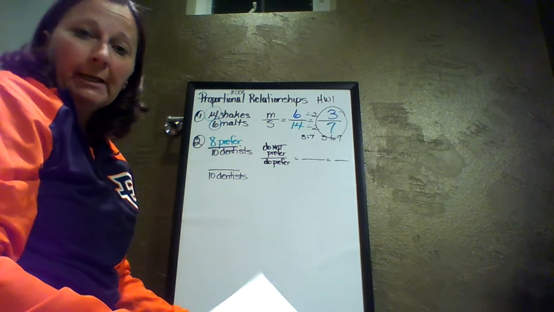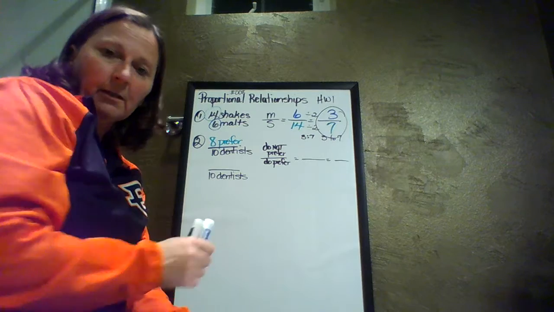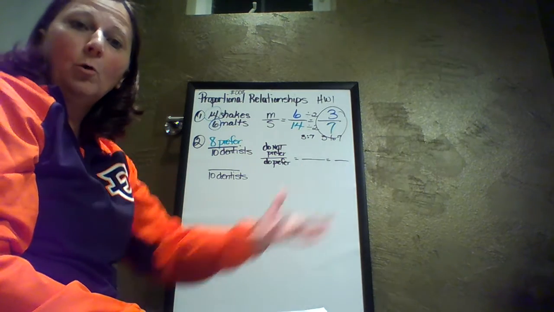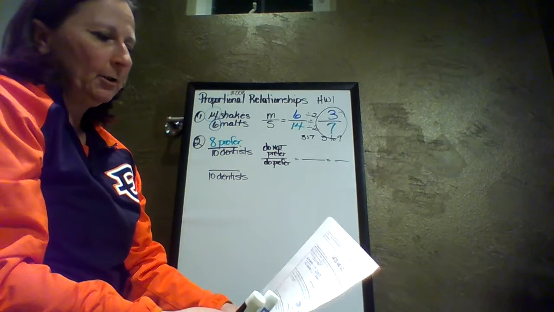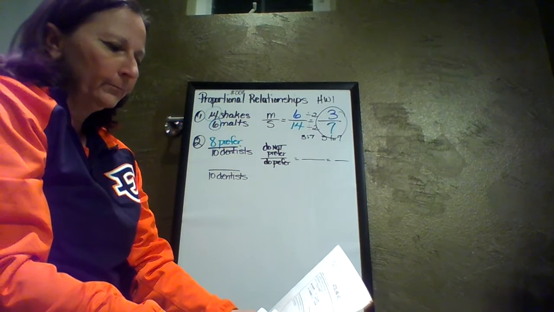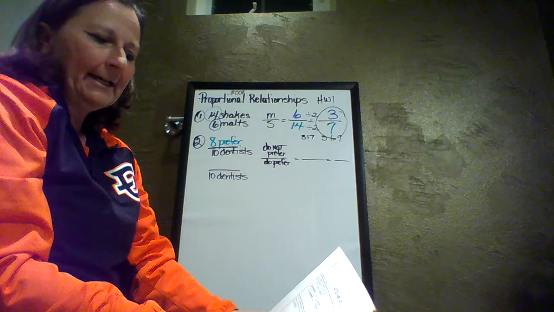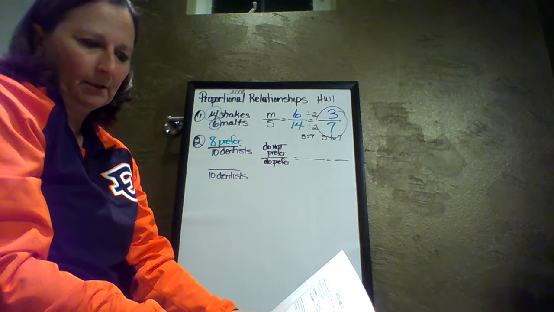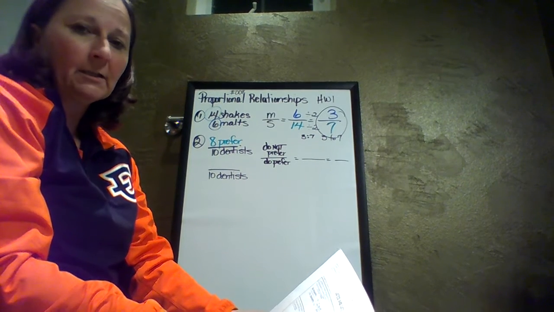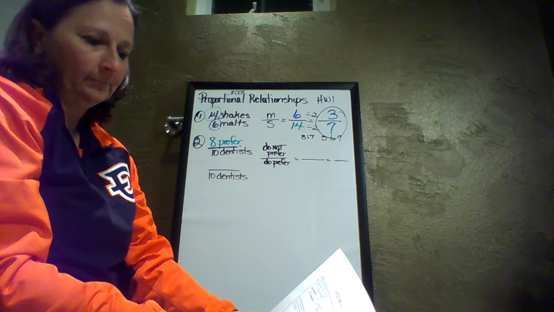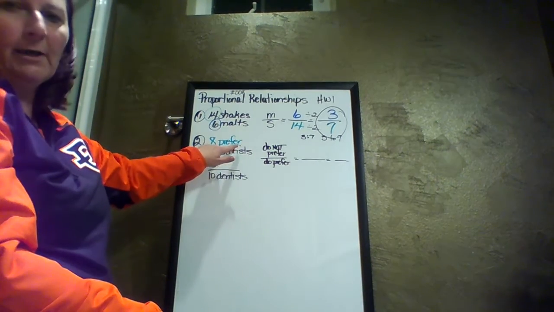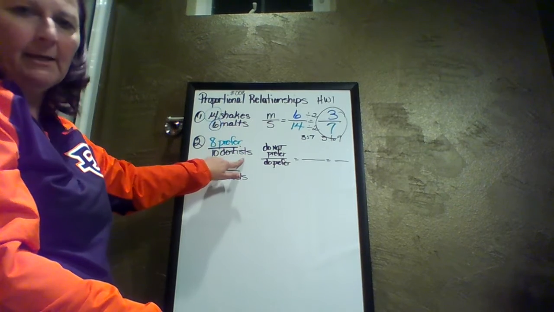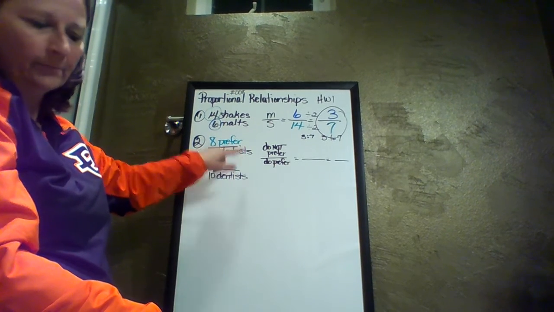Number 2 is a little tricky. It's kind of like the problem where we had to look at the whole group when we were talking about the freshman college students. So let's take a look at number 2. It says 8 out of 10 dentists prefer Crest toothpaste. 8 prefer Crest out of 10 dentists.